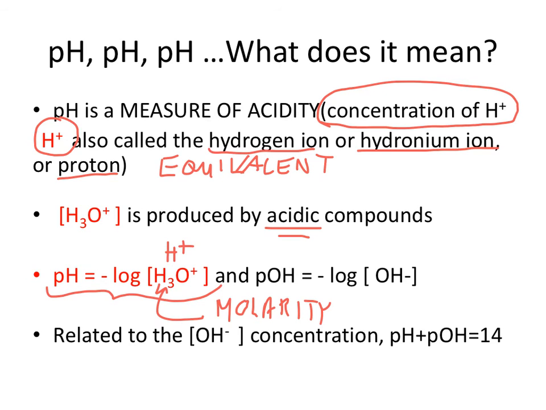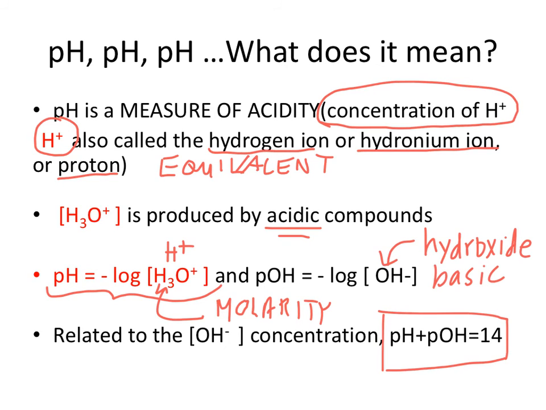Likewise, you can calculate pOH, which is the same mathematical expression applied to the hydroxide ion, which makes something basic. And then if you want to relate the two of them together, pH plus pOH is equal to 14.